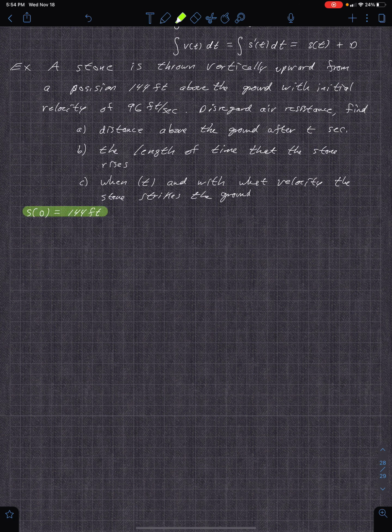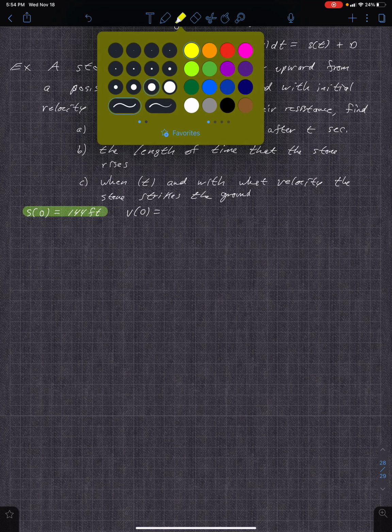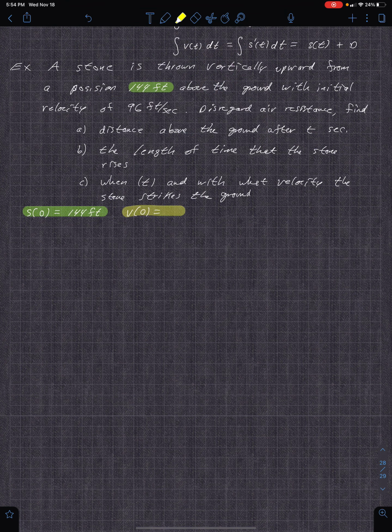That's your initial condition, or one of them. Then also V of 0, the initial velocity, is 96 feet per second. So this is also your initial condition.